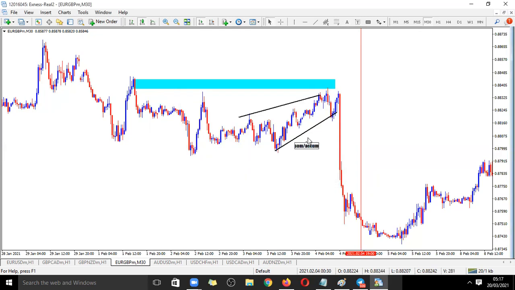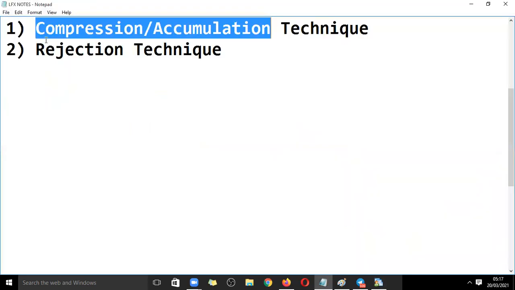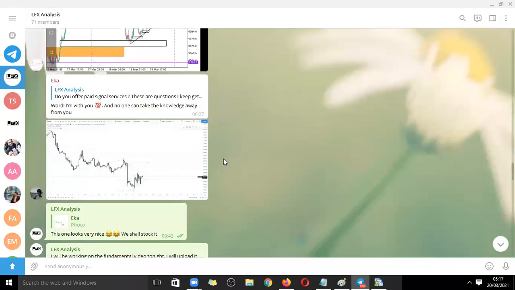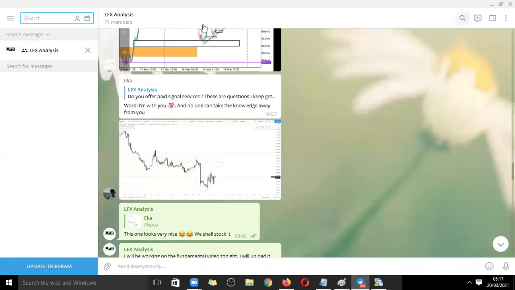I think you guys are seeing the beauty of this technique here. I think me and my team traded this. Let me just backtrack and see. That was on the 4th of February. Let me just confirm.